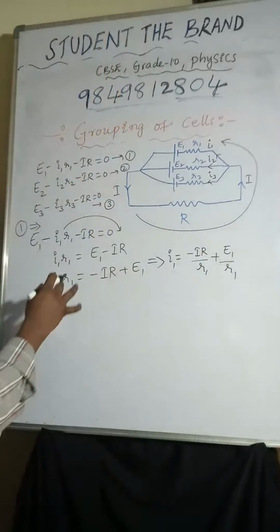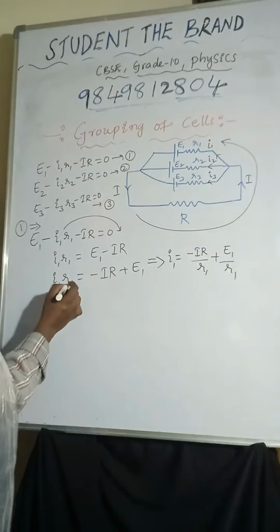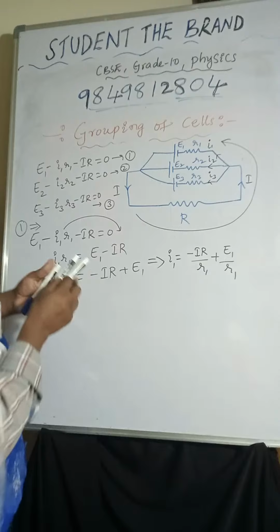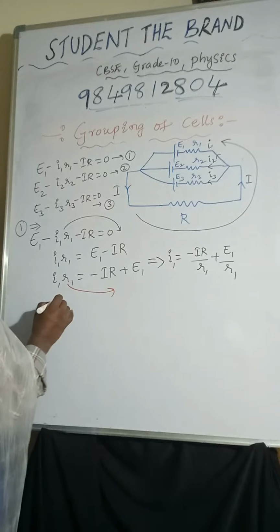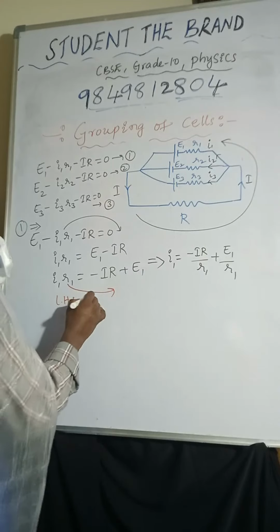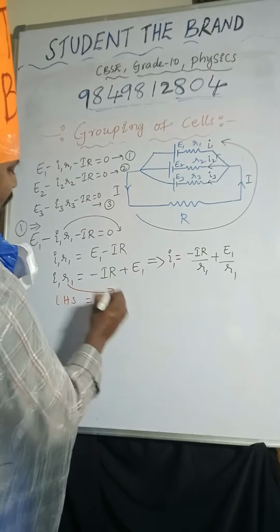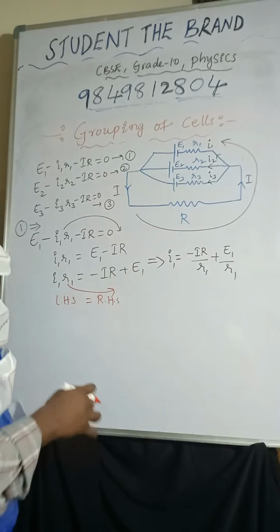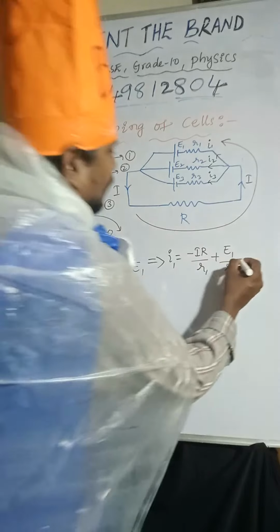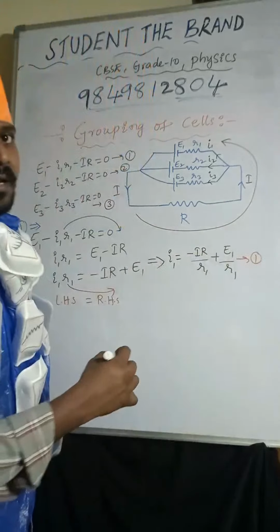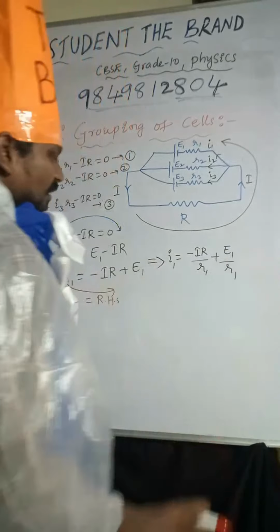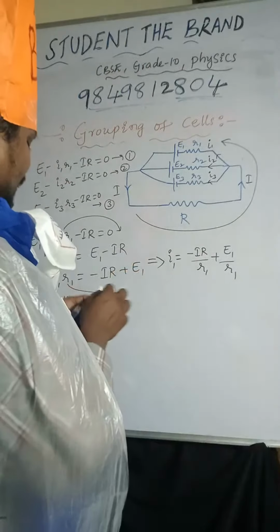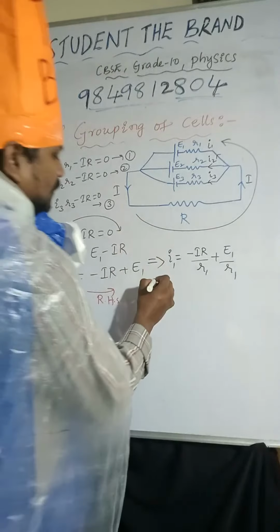So simply, I am taking the R1 term to the right hand side. Left hand side is LHS and this is RHS. Now this is the equation. Like this we can write equation 1. Similarly we can write equation 2 also: I2 equal to minus IR by R2 plus E2 by R2.